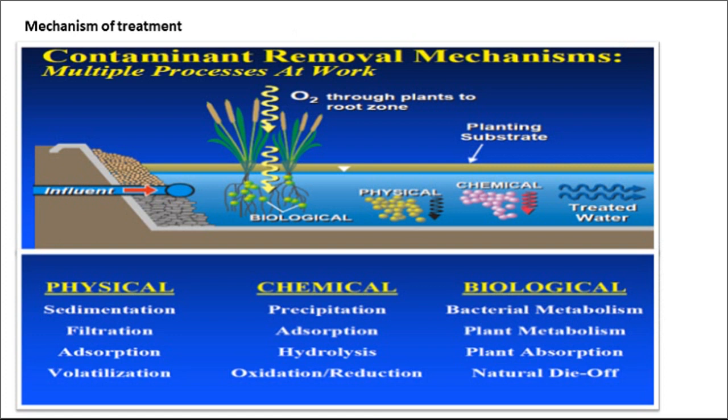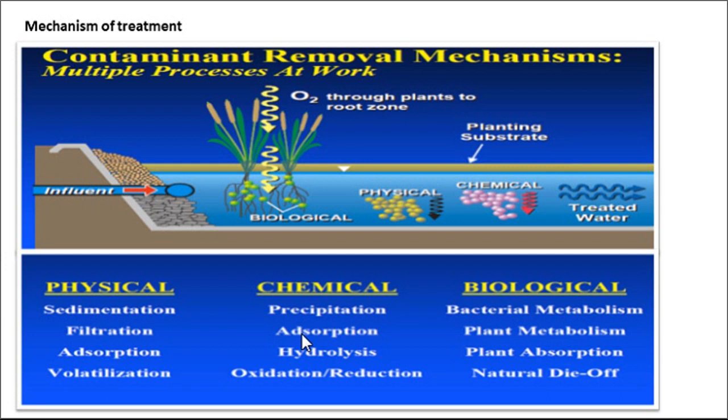When the wastewater is passing through the root zone treatment system, three main mechanisms take place: the physical mechanism, the chemical mechanism, and the biological mechanism. In the physical mechanism, sedimentation, filtration, adsorption and volatilization of different pollutants take place. In the chemical mechanism, precipitation, adsorption, hydrolysis and oxidation or reduction of the different pollutants take place.